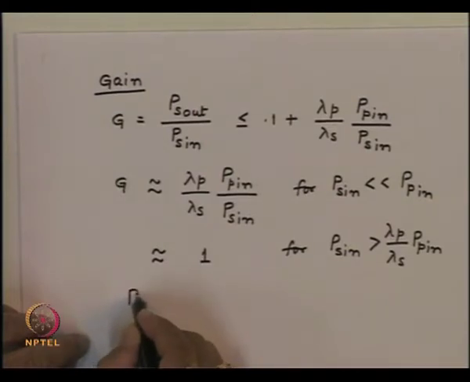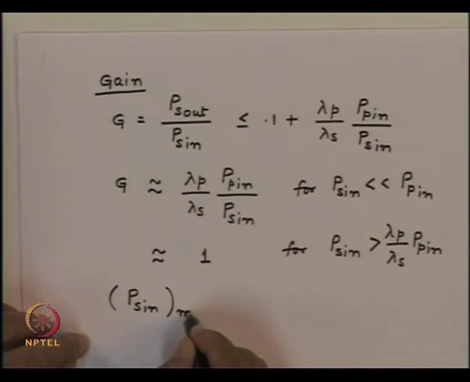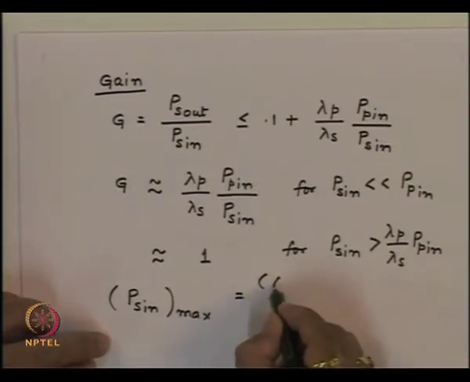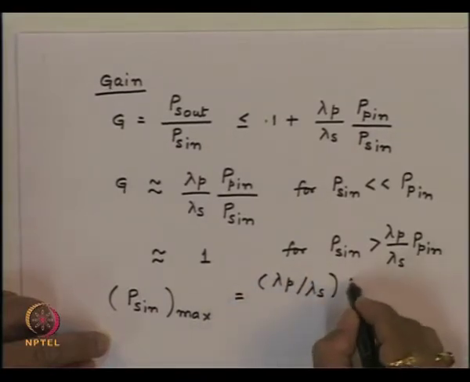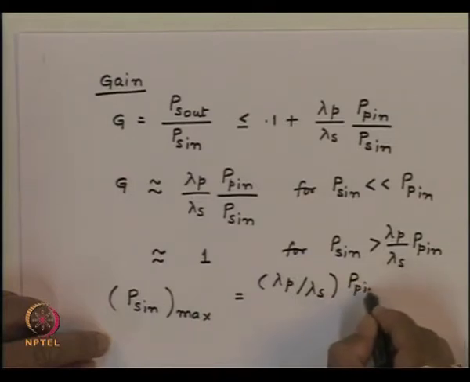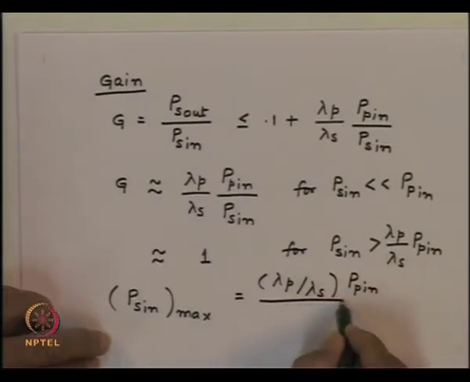So the maximum value of the signal power input is equal to lambda_P upon lambda_S times pump power divided by G minus 1.